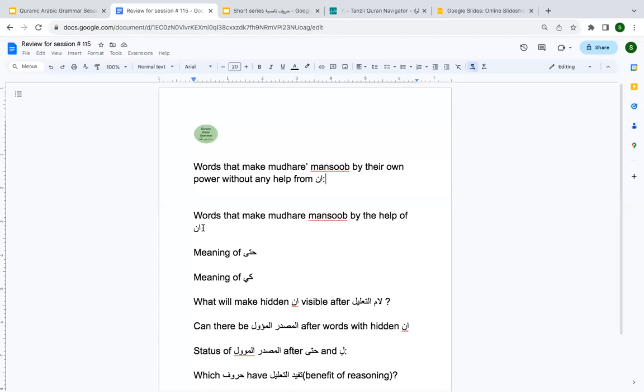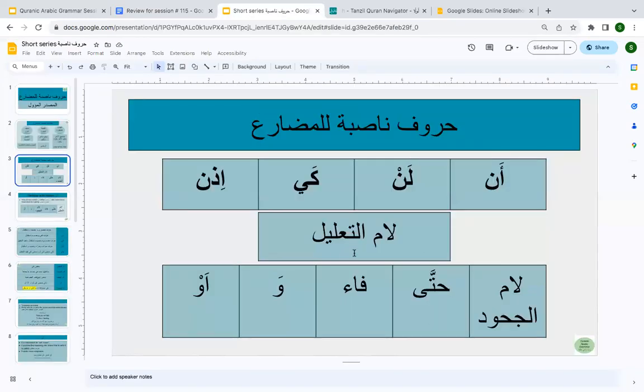Hatta, fa, very good job. Then wow, very good job. And then au, right? These are the ones that need help from an. These lamu ta'lil, lamul jahud, hatta, fa, wow, au are going to take help from hidden an after them.